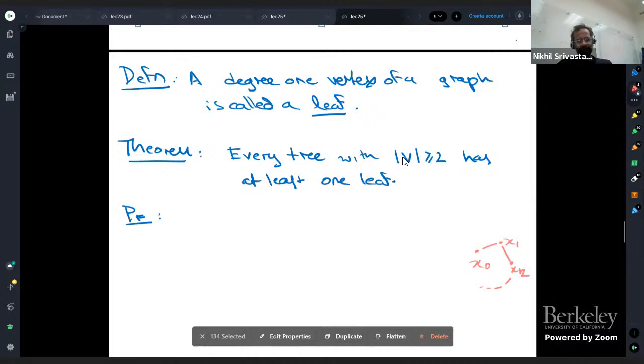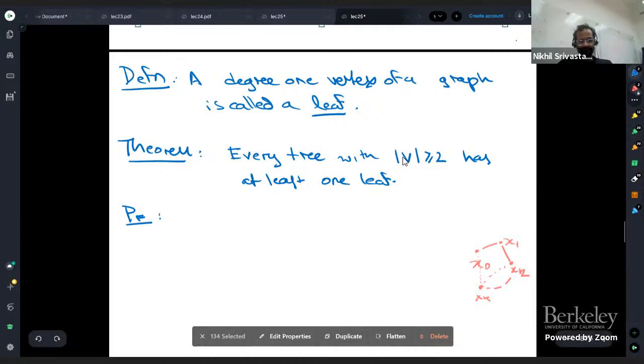Now there are two ways you can get stuck. One way is you found a leaf, in which case you're happy. The other way you can get stuck is if you reach a vertex, let's say xk, such that all the remaining edges coming out of it go back to somewhere in the path, forming a cycle. Now, can that happen in a tree? No, because the tree doesn't have any cycles.